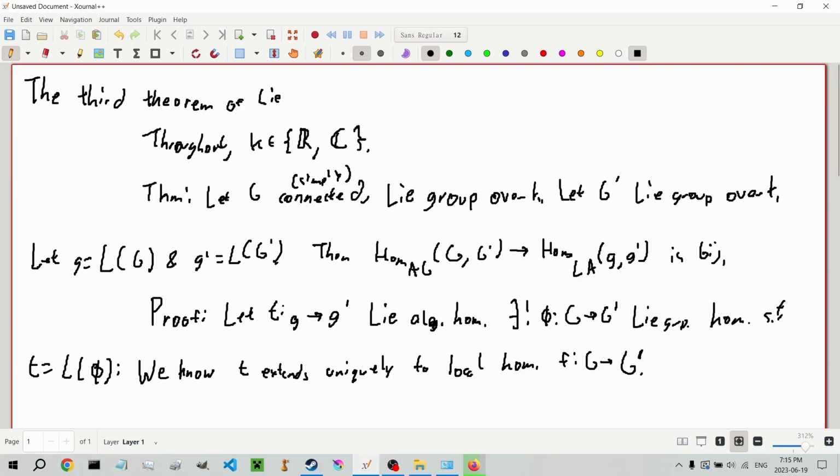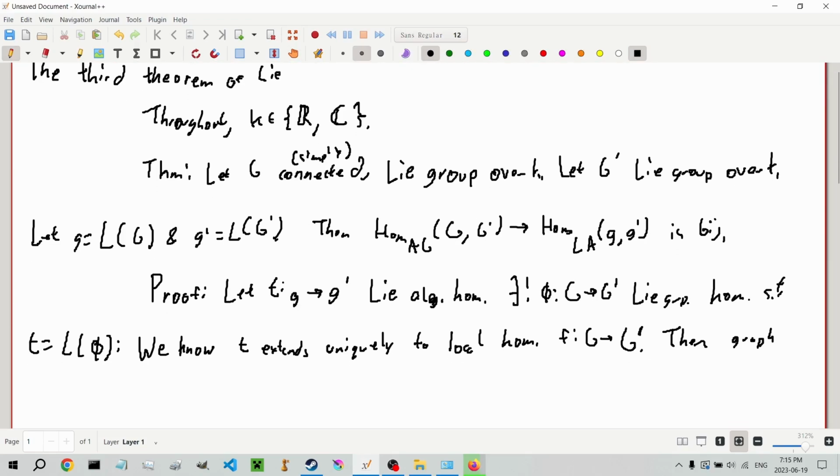This is an apostrophe and a period, not an exclamation mark. Then the graph gamma of phi and G. Okay, I said phi and I wrote a T, but it's an F.